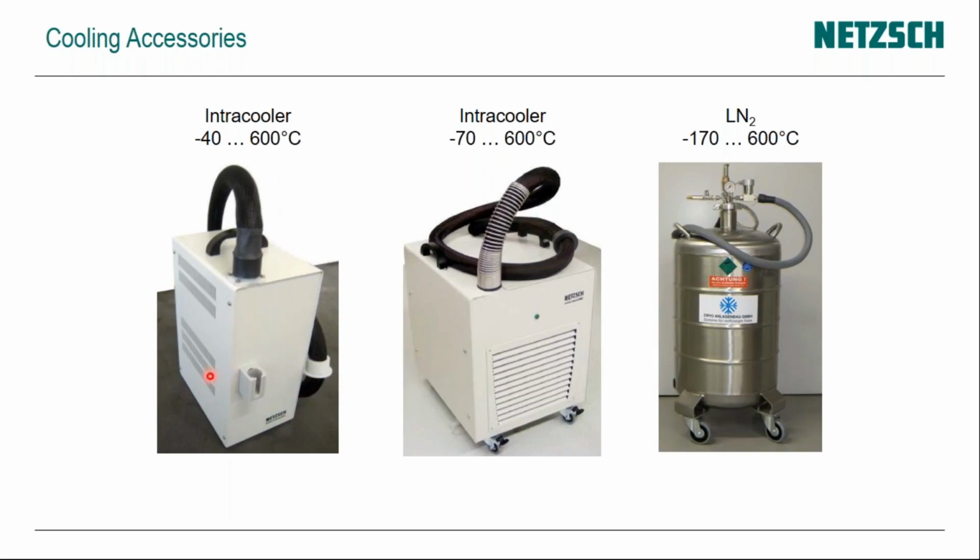Then we have two different kinds of chillers, which we call intracoolers. Depending on the temperature, one goes from -40 to 600 degrees, or we have another intracooler which goes from -70 to 600 degrees.